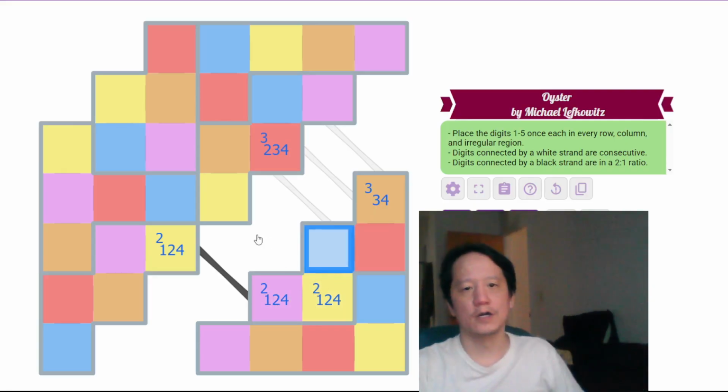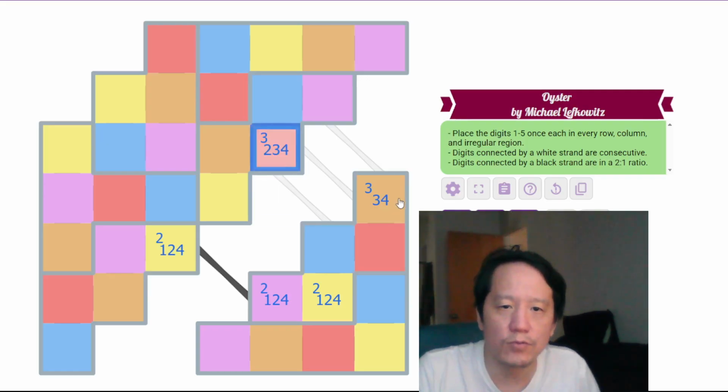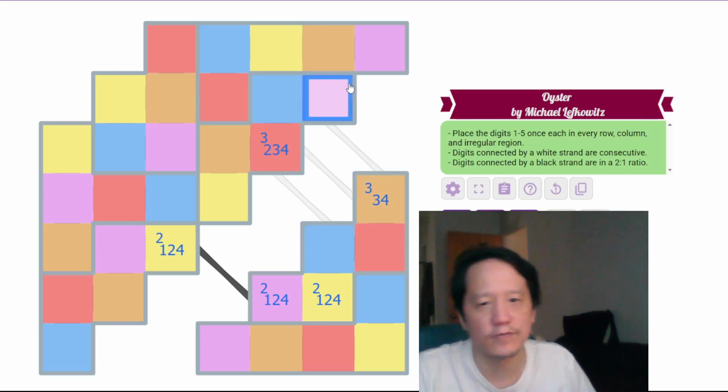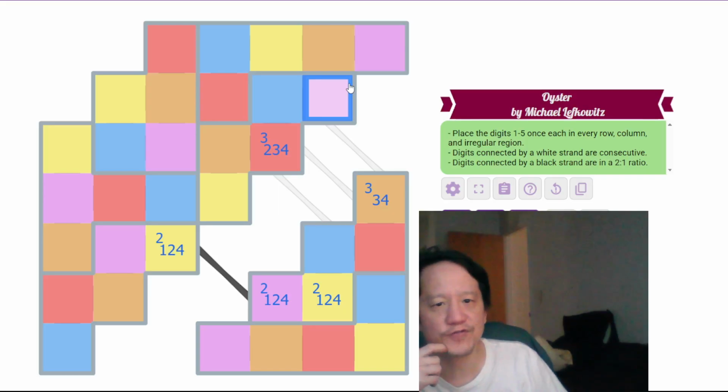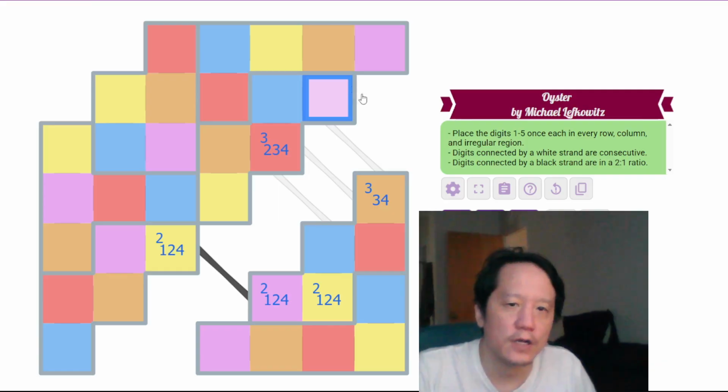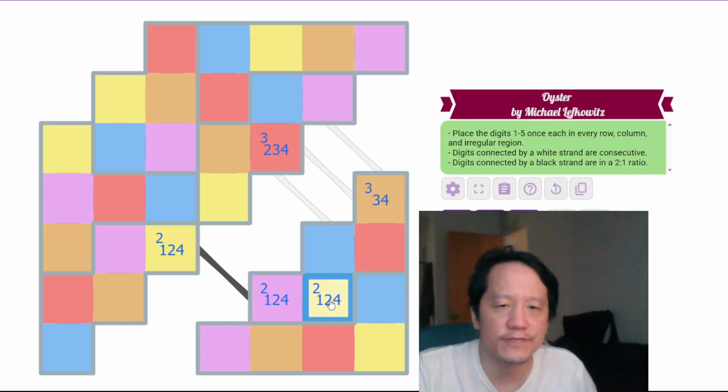So, we know blue, red, orange, and pink are consecutive. So that's 1 through 4 or 2 through 5. We know yellow cannot be 5.